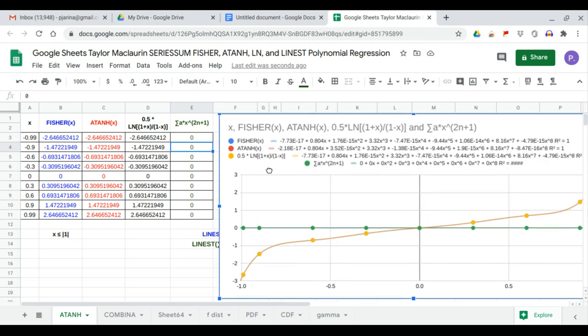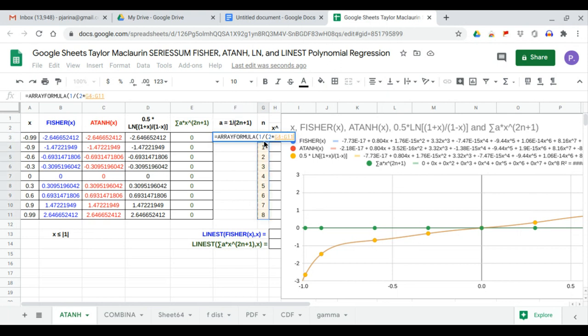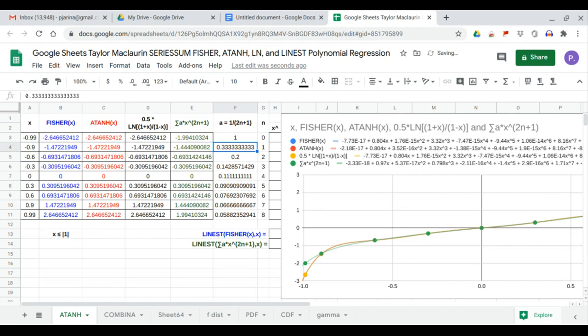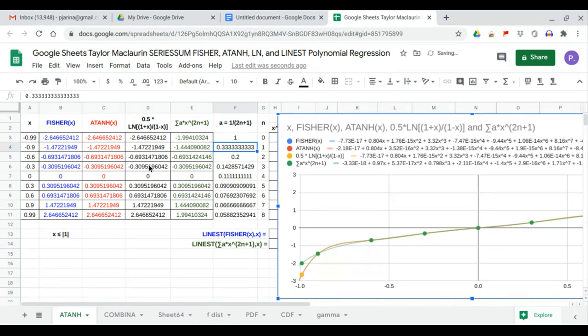So now we can work on the coefficients. So this is equal to array formula, 1 over 2n plus 1, 2 times n plus 1. The goodness of the approximation of the Taylor-Maclaurin series sum is good only between negative 0.3 and positive 0.3.